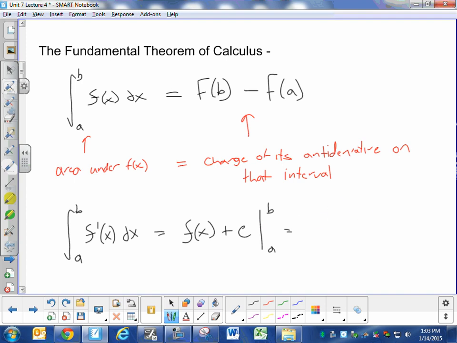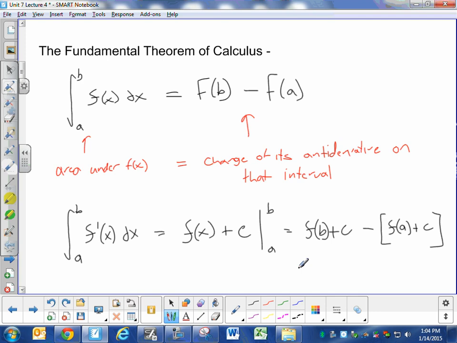Now, watch what happens. If I plug in b, f of b plus c, and I subtract a, that's f of a plus c, and I'm subtracting the entire thing. What happens to c?